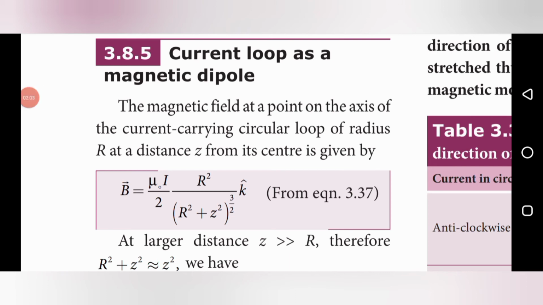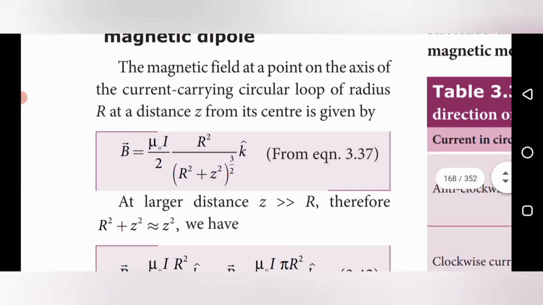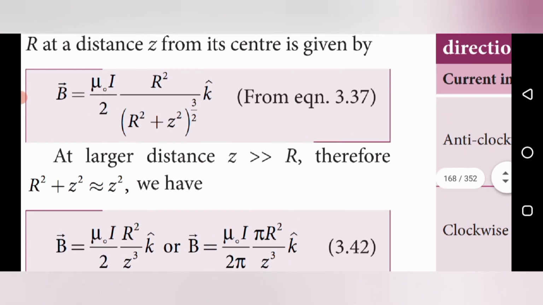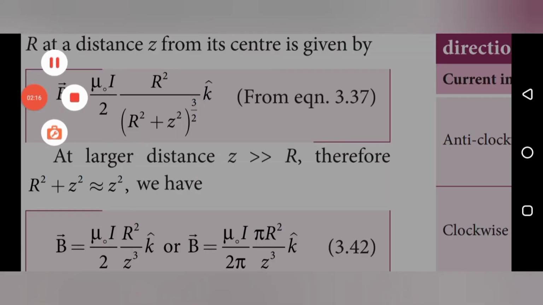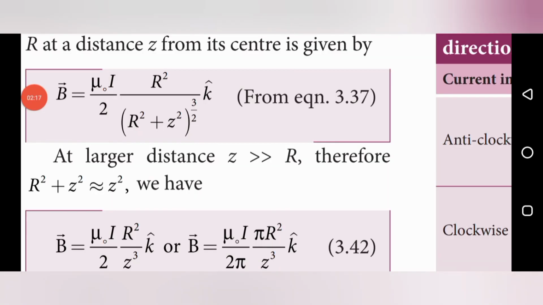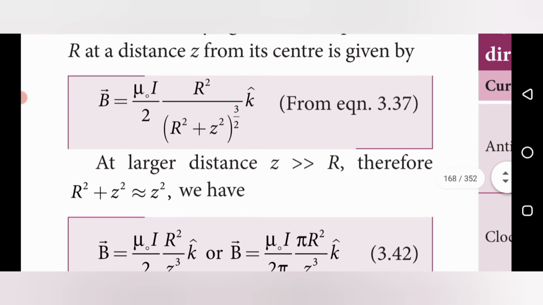From the above equation, B vector, the same equation here. Take that equation, and in the next step consider a larger distance Z. Z is much larger than R, therefore the denominator term R square plus Z square will be approximately equal to Z square, that is, the R term can be neglected.